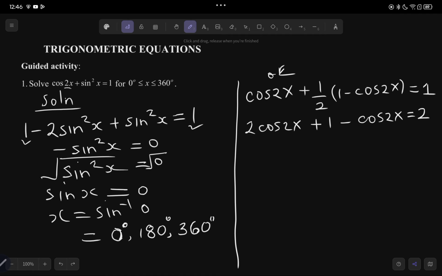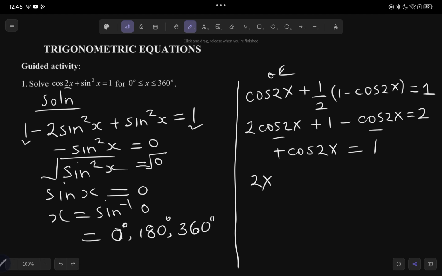Collecting our like terms together, this and this will give us a positive cos 2x. Then 1 goes the other side to get us a 1. So cos 2x is equal to 1.